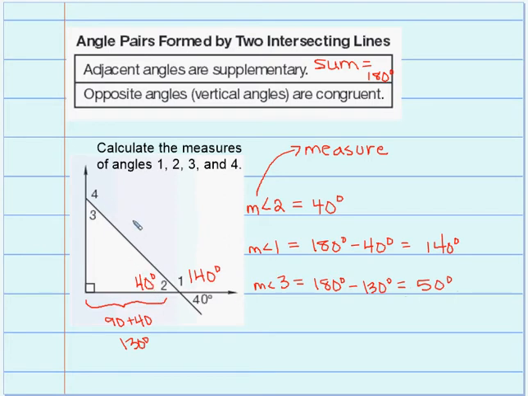Now, what about angle 4? Angle 4 is adjacent to, shares a vertex, and shares a side with angle 3. So it's supplementary. So that's going to be 180 degrees minus the 50-degree angle, and we get 130 degrees.